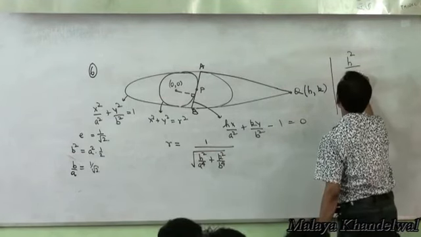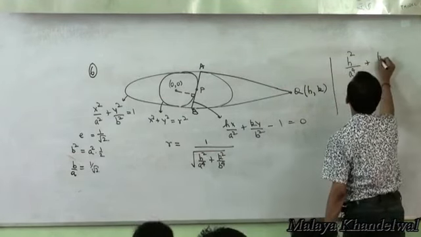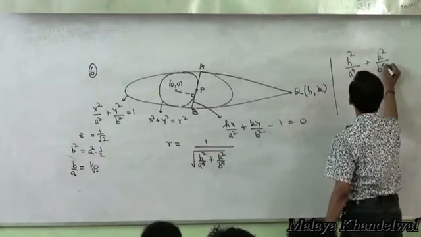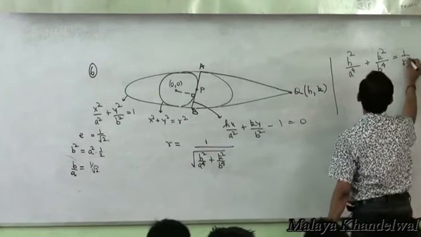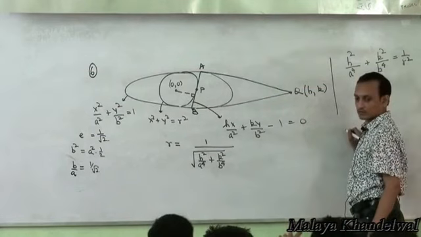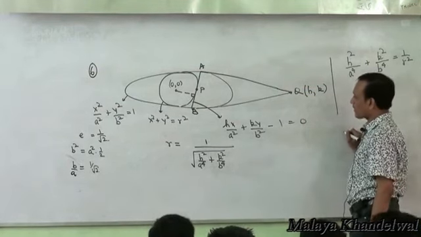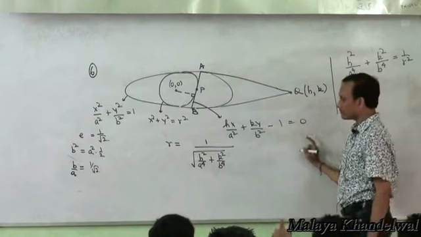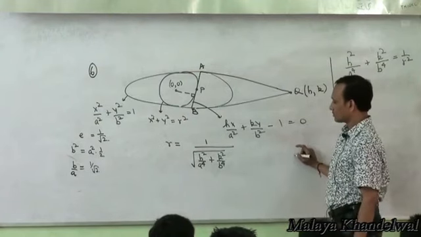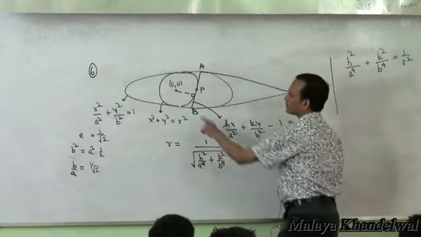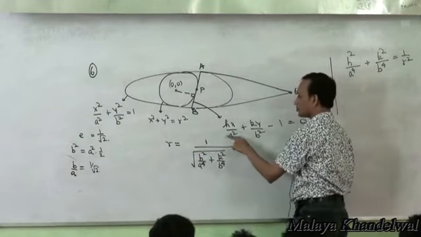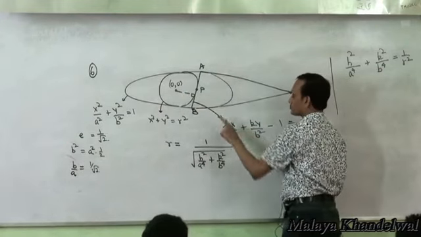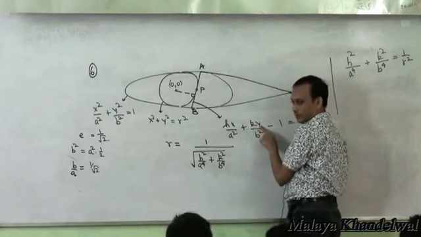h squared by a to power 4 plus k squared by b to power 4 is 1 by r squared. This equal to 1. Perpendicular distance of 0, 0 from this line. How do you obtain the perpendicular distance of 0, 0 from this line? Put x equal to 0, y equal to 0.